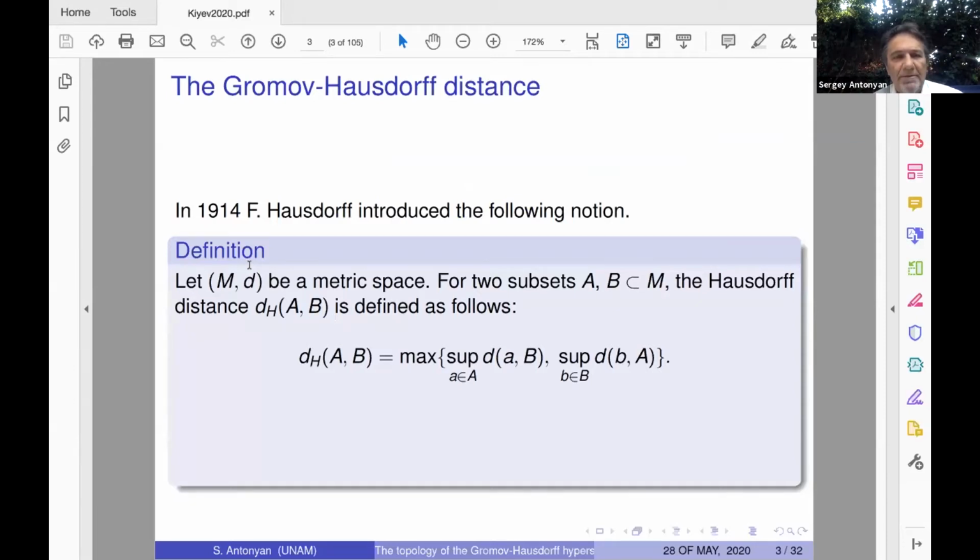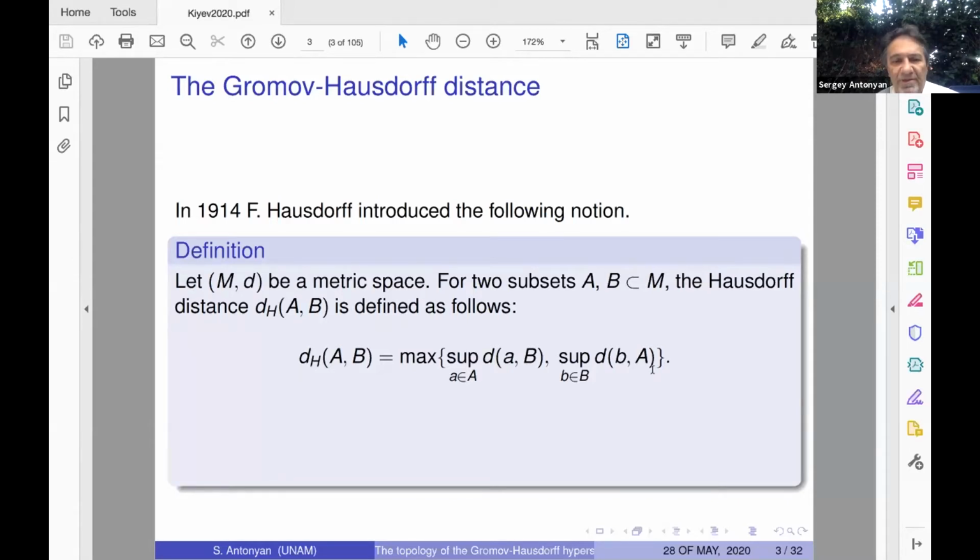Let me start by recalling the definition of a Hausdorff distance between two subsets of a metric space (M, d). Here you see the formula. We measure the distance from a point a of the set A to the set B, and then compare this number with the similar number, distances from B to A, and take the maximum.